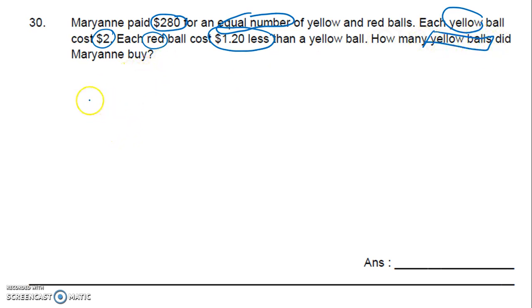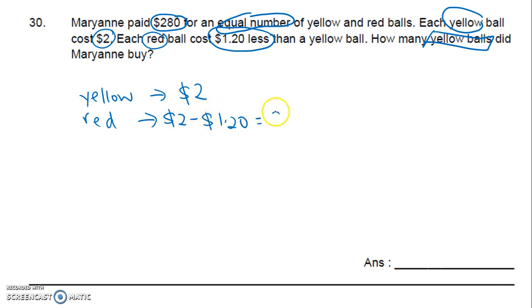Okay, given our information, the yellow ball costs $2. The red ball costs $1.20 less. So I take $2 minus 1.20. I should actually get 80 cents. Okay, so yellow is $2, red is 80 cents.